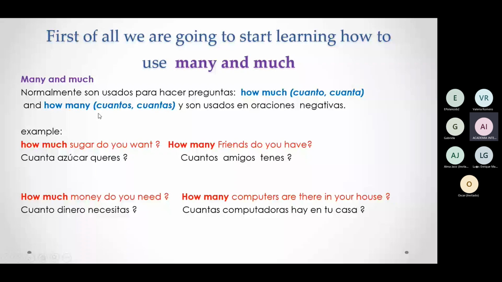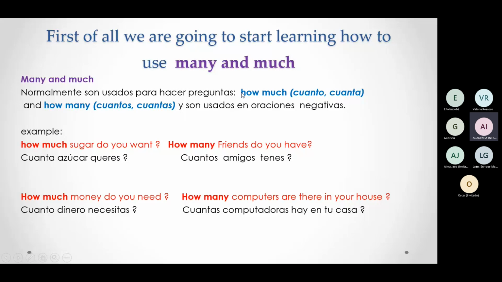And at the same time, they are used in negative sentences, okay? Normalmente son usados para hacer preguntas, como por ejemplo esta estructura, how much, how many. Y al mismo tiempo, much and many son usados en oraciones negativas.